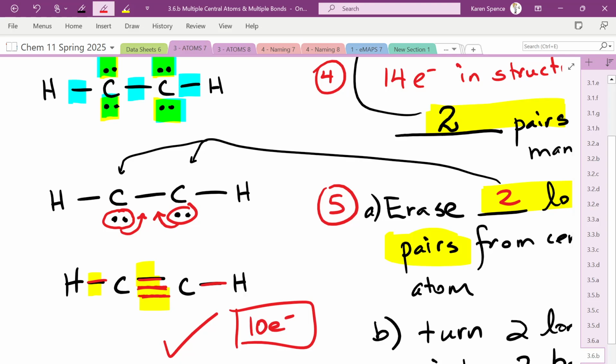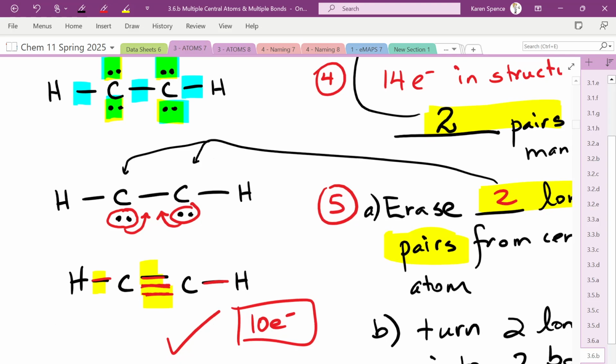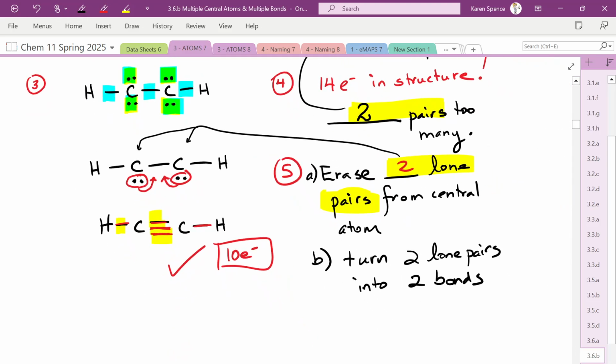Okay. Do you remember a few days ago when I had you doing carbon monoxide and you were like, wow, this one is awful and icky and frustrating? You guys remember that? Let's try carbon monoxide using this method.